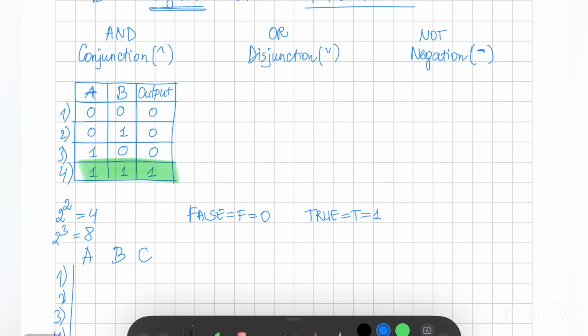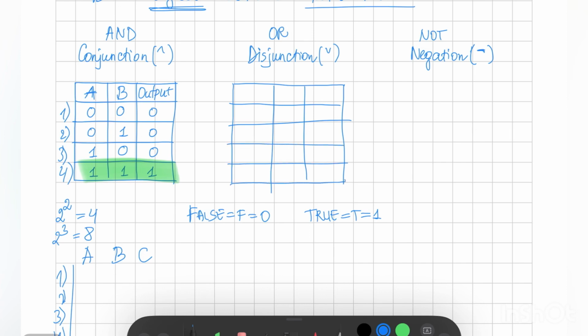Now let's go to disjunction, or let me draw a table here. We'll have 2 inputs as well and 4 variants. Variants will be the same as on the previous table. Let me just write 0 0, 0 1, 1 0, 1 1.